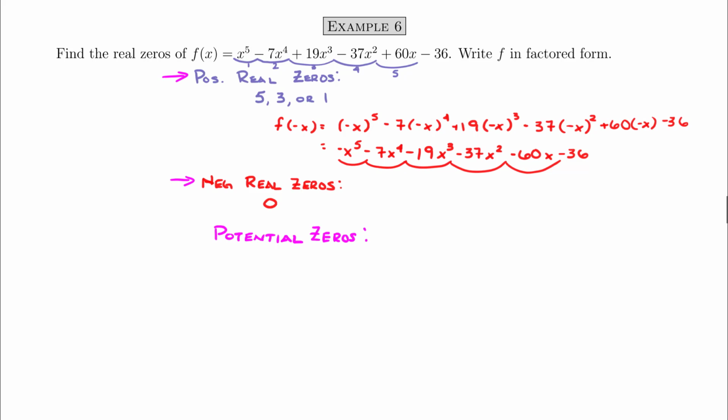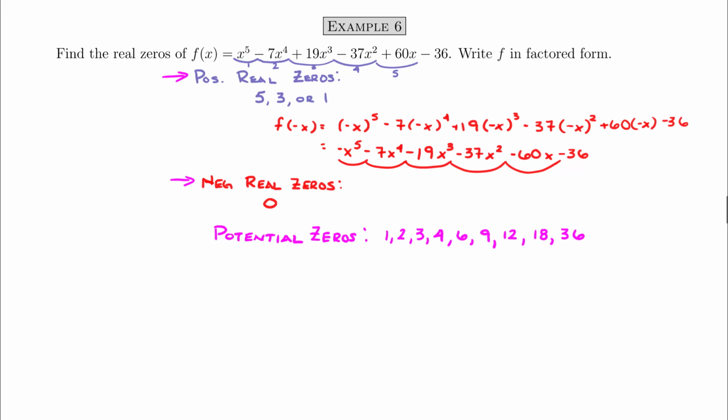We found that we have no negative real zeros. So all the factors of 36 are 1, 2, 3, 4, 6, 9, 12, 18, 36. I think that's all of them.